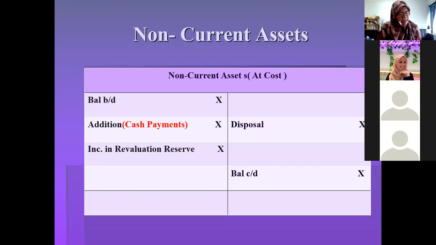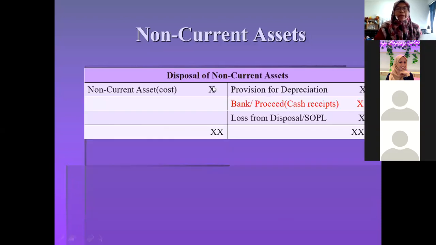Then dia kata proceeds from disposal. Berapa banyak pula yang kita terima daripada disposal of the equipment ni. So 51,000 cost tadi kita bawa daripada sini, dan kita bawa ke disposal of non-current assets account.